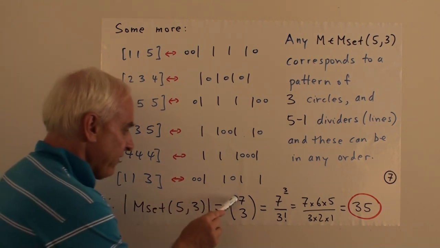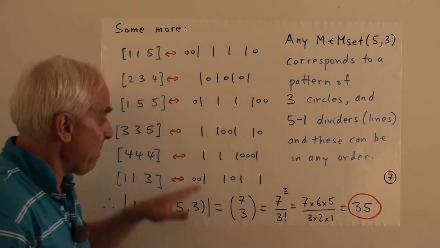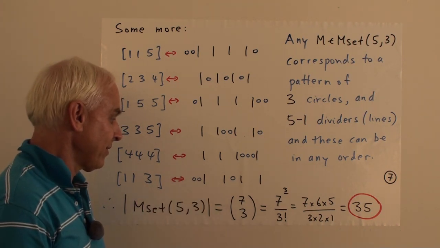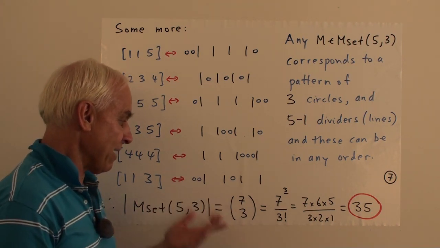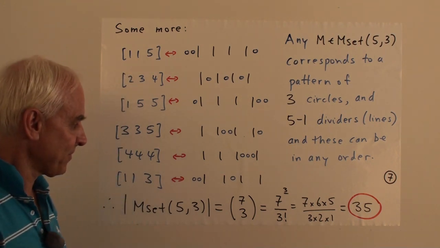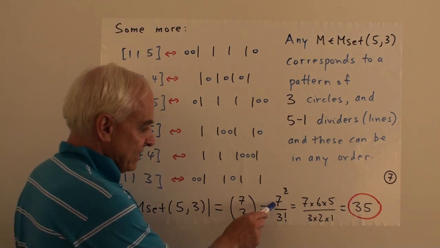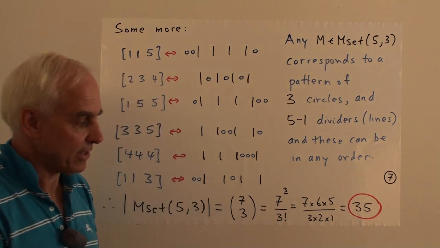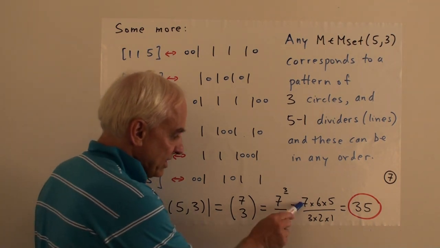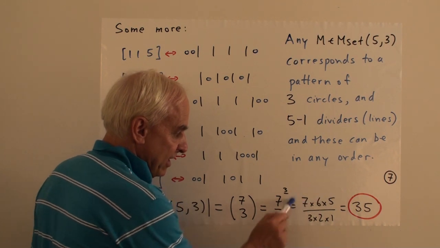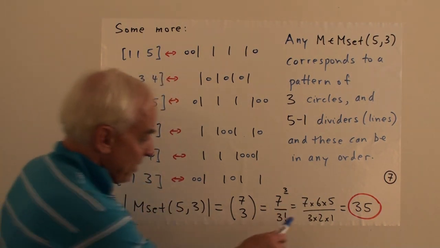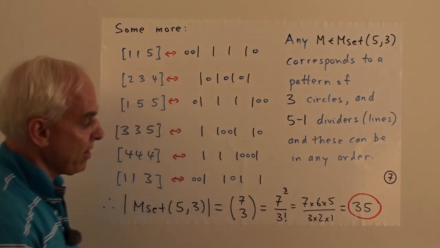Altogether, there are 7 choose 3 such patterns of circles and lines. And 7 choose 3 is a binomial coefficient. One way of saying it is that it's 7 to the 3 falling over 3 factorial. That's a very efficient way of calculating it. So it's 7 times 6 times 5, there's the 7 to the 3 falling, divided by the 3 factorial, 3 times 2 times 1.